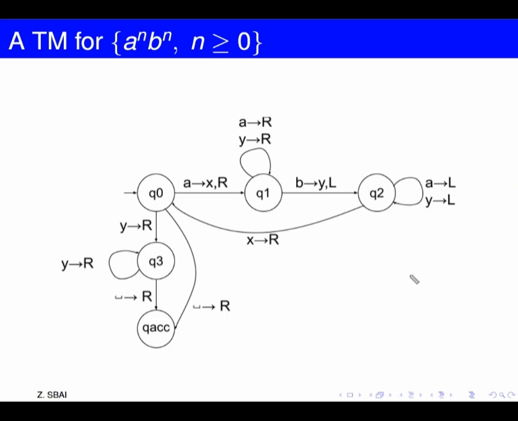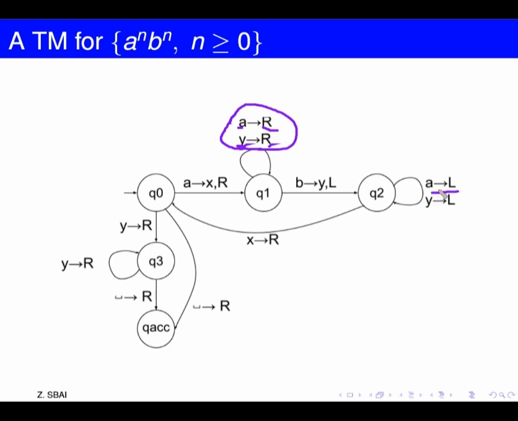Now we can simplify the transitions. In this case, we will not change the symbol on the tape. If it's A and it will remain a symbol A here, we will write just A and then define the move right. If it's Y, it will stay Y and move to the right. We will have the possibility to write A left, for example.